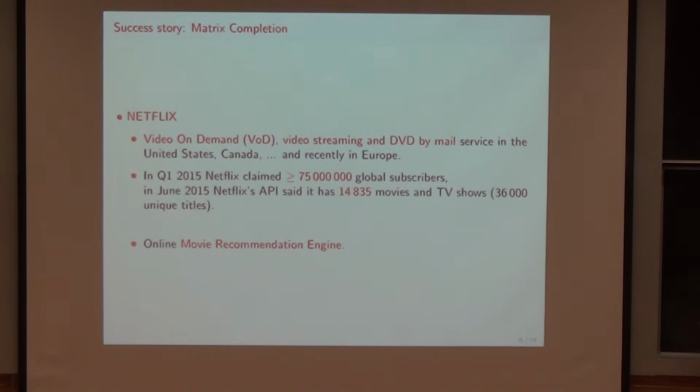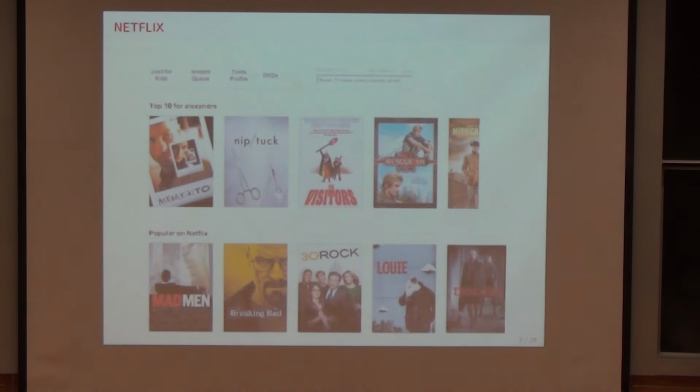This is a huge database where you can choose your movie, and what made its success from the very beginning is that they had movie recommendation agents. This is just an example of recommender systems. The page of Netflix proposes some movies to see.